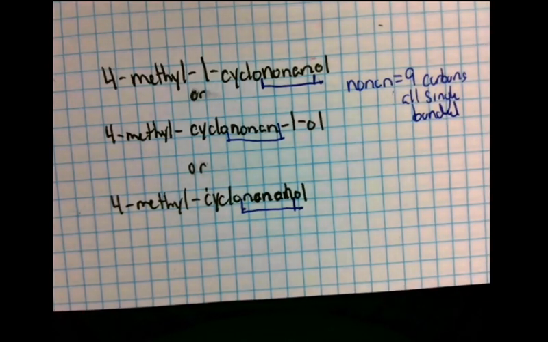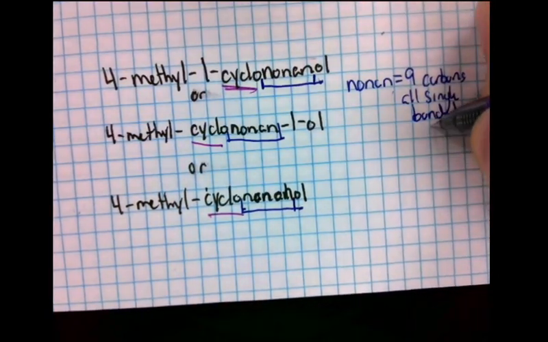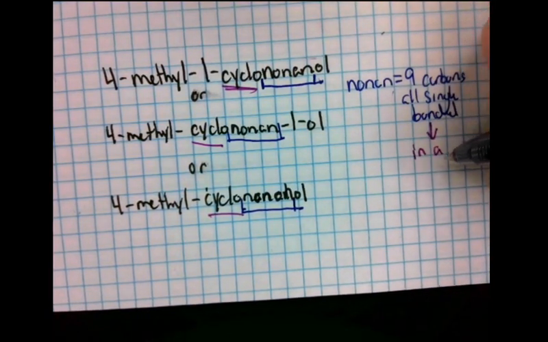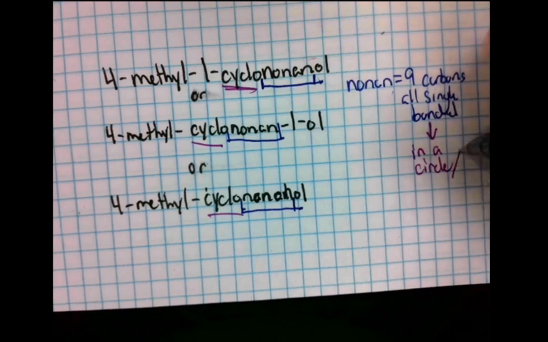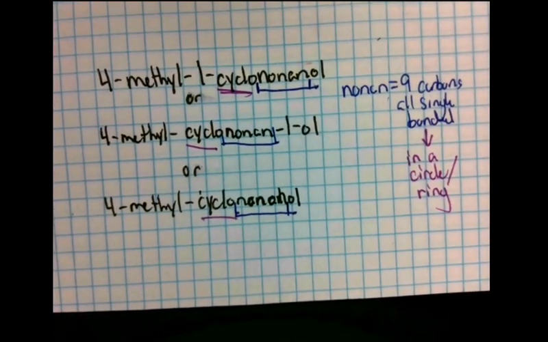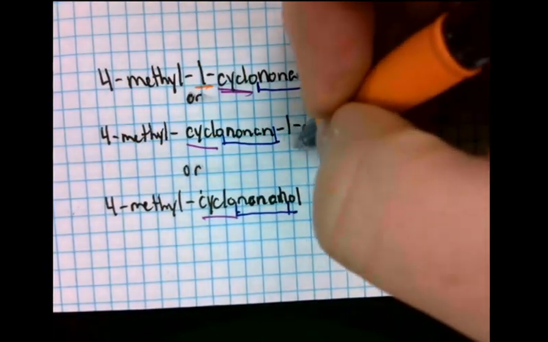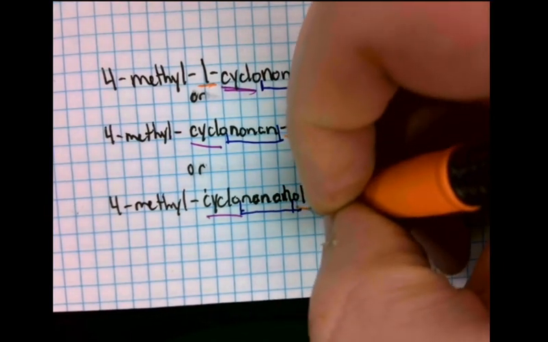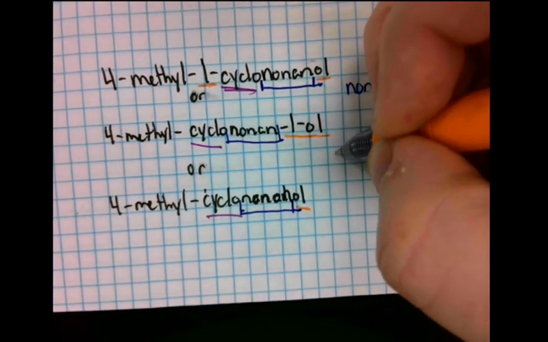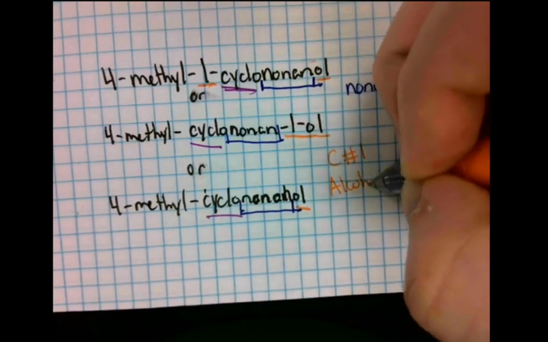But this time we do also have the addition of cyclo. So it is also in a circle or a ring. The all must have this 1 going with it, or it's got it right here, or because it doesn't have a number associated on carbon number 1, there is an alcohol.